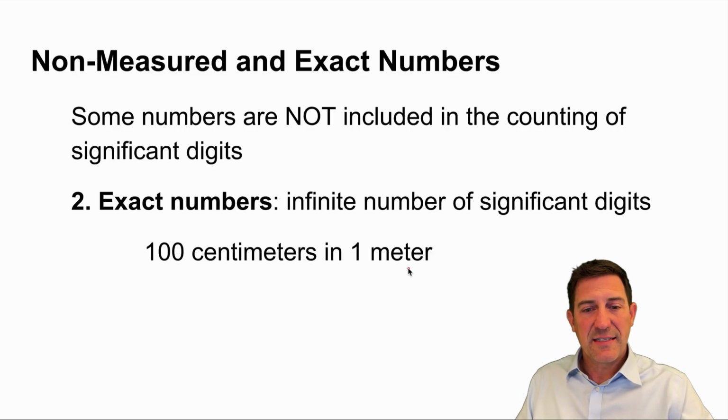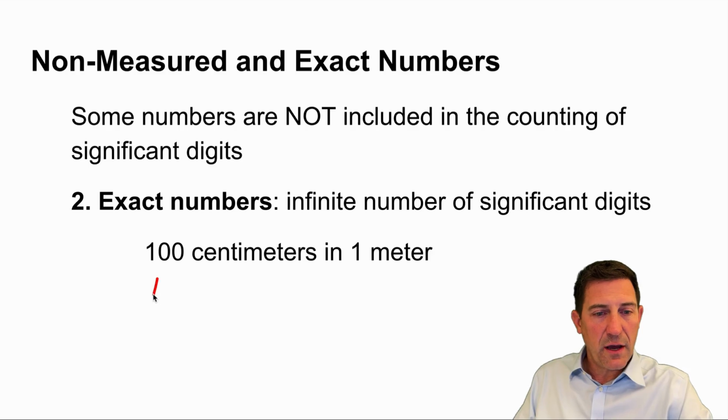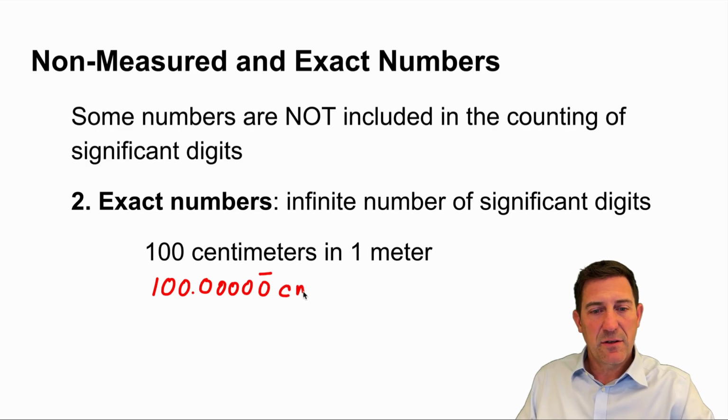There are exactly 100, and to be exact about this, there are 100.00000 repeating to infinity centimeters equals 1.00000 to infinity meters.